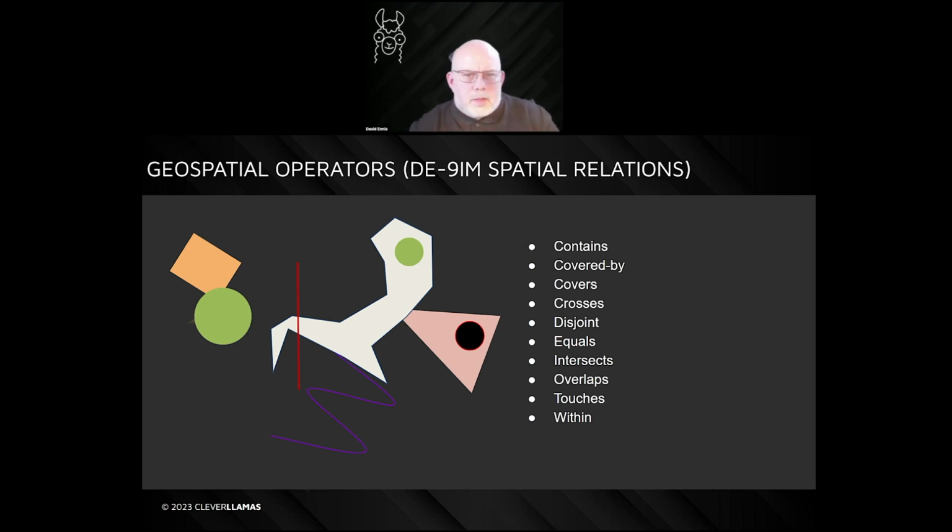Within that, you also have the ability to query against those objects, things that are containing other things, that are contained by other things. Disjoint, equals, things that intersect, they overlap, they touch. So again, a whole set of items that you would want to query. A region against a region, a point against a region, all of those. So within MarkLogic, you have a full set, and they're standard.